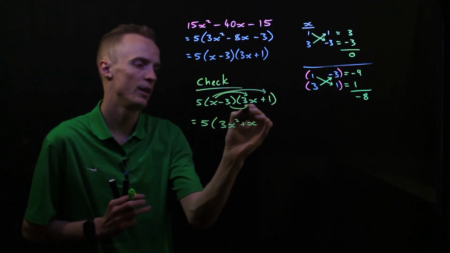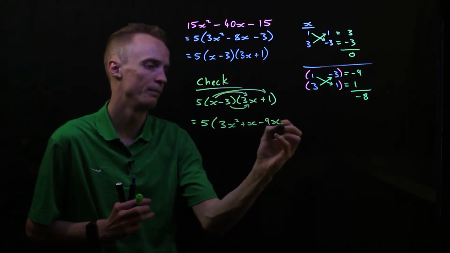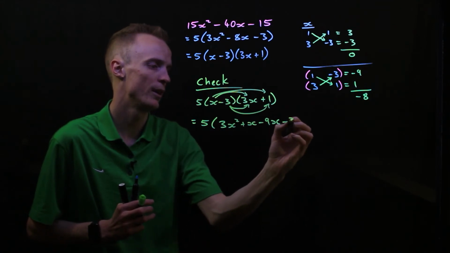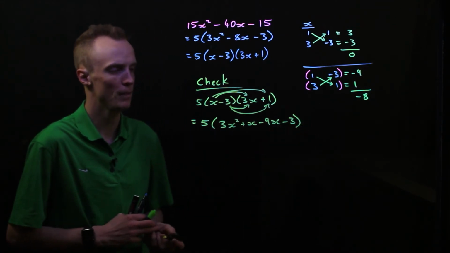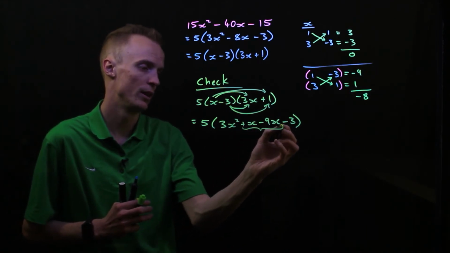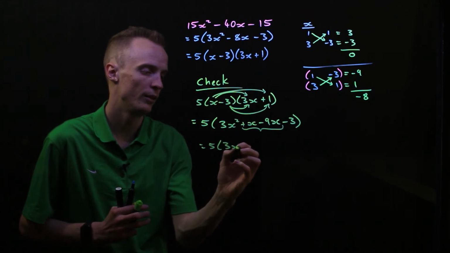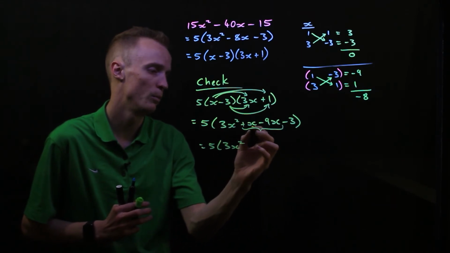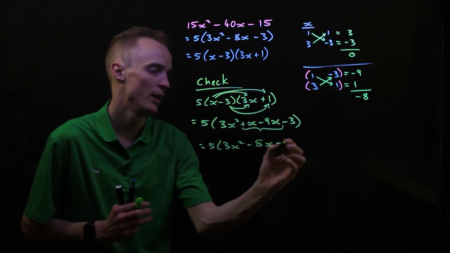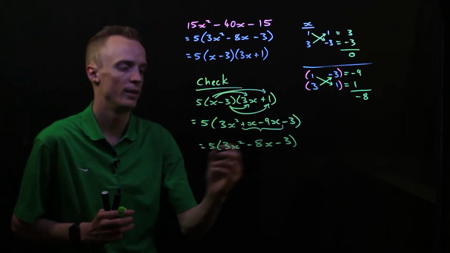Then my inners, negative 3 times 3x, will be negative 9x. And then negative 3 times my positive 1 will be subtract 3 on the end. Now let's collect the like terms. So this will be 3x squared, plus 1 take 9 will be negative 8x, and then subtract 3. And then finally I need to multiply this 5 out.